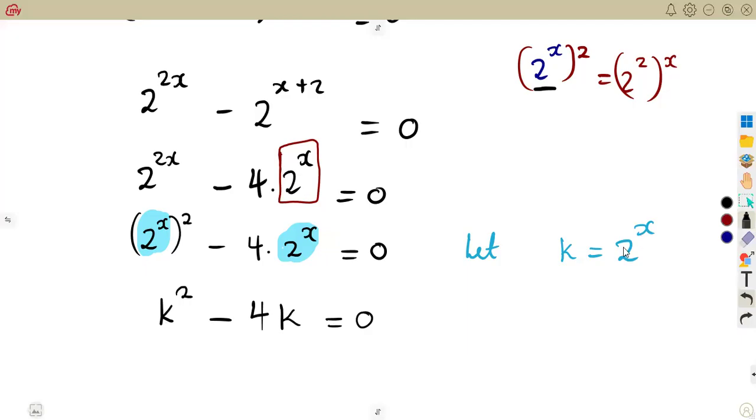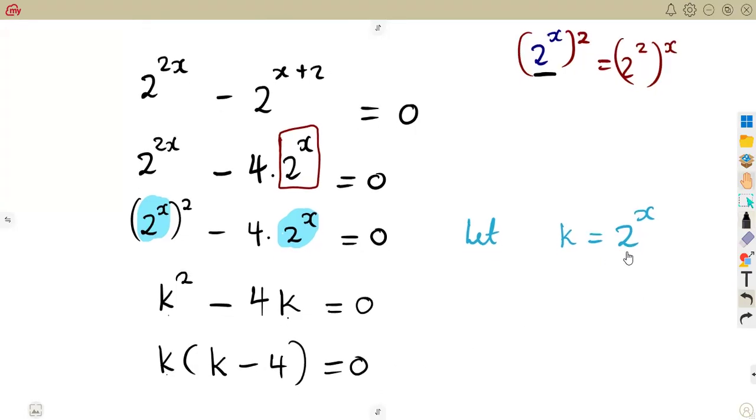We are going to solve for x later on. So how can we solve here, guys? This is a normal quadratic. You can factor out k, which is common. So k squared divided by k is k, minus 4k divided by k is minus 4. That's equal to 0 like this.